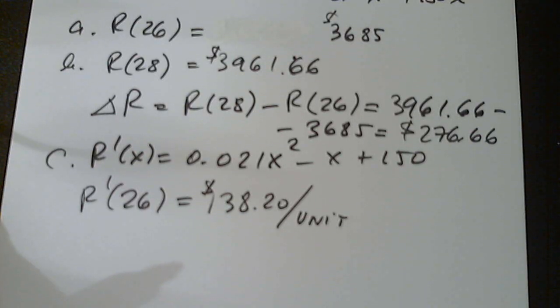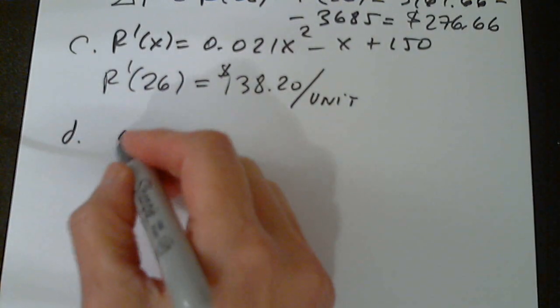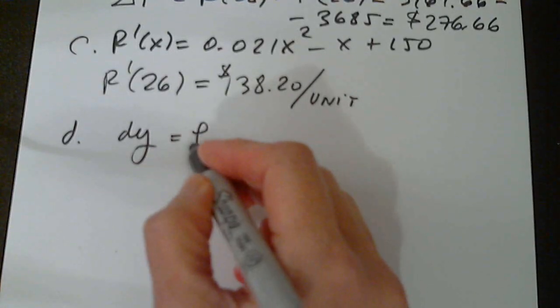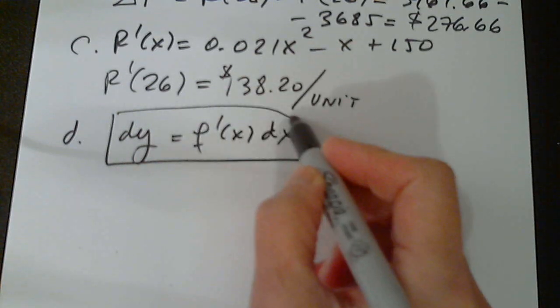Fine. And then part D, use the answers from part A and C to estimate the revenue resulting from selling 27 per week. Okay, so remember that dy is f prime of x dx. That's the definition of the approximate.